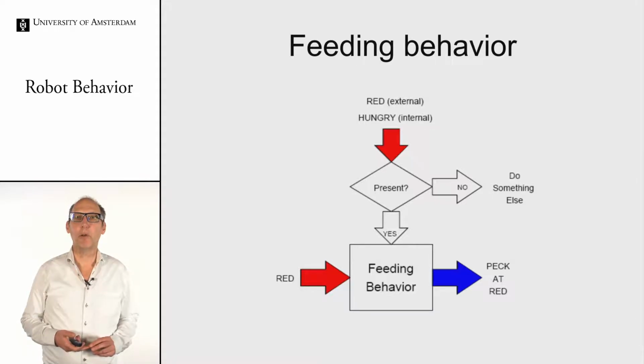If both preconditions are not fulfilled, then the small birds are doing something else. So the feeding behavior is that they start to peck at the red thing that's dangling above them, and that's precisely the signal for the parents to feed those animals.